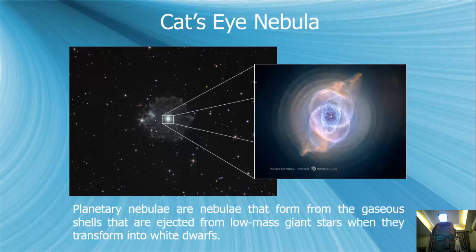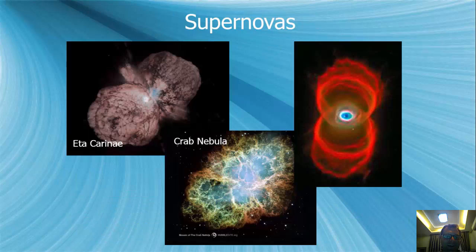This is something I'm going into in much more detail later on in the unit. Supernovas are the explosions of much more massive stars. We've got some great pictures here. This is the death of massive stars, again something we're going to cover later on in the unit.